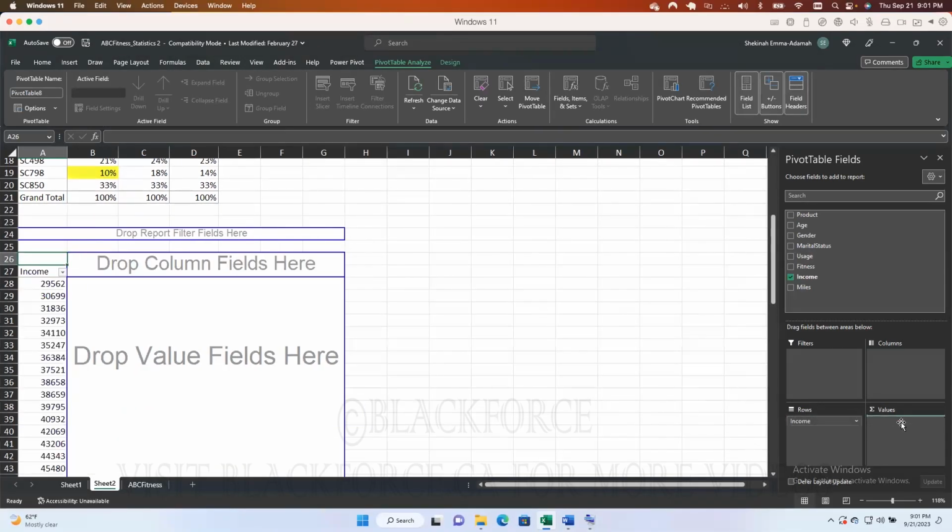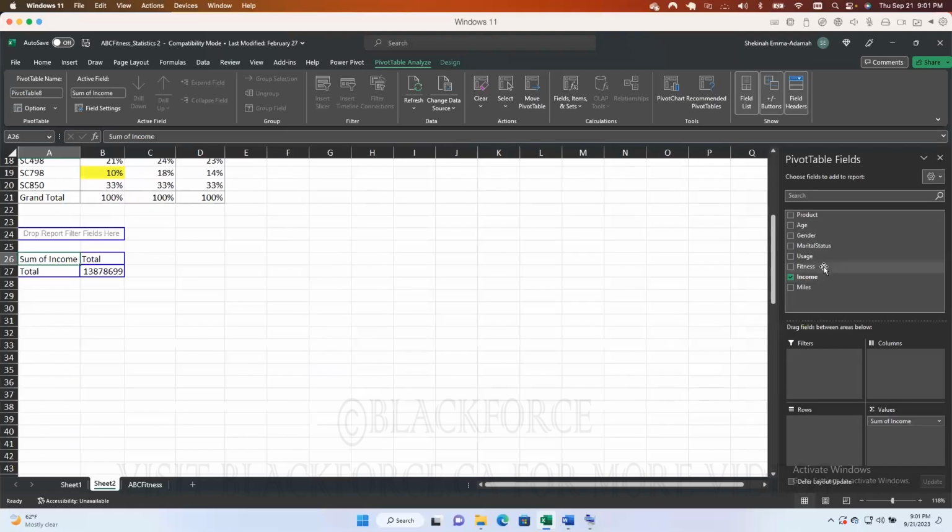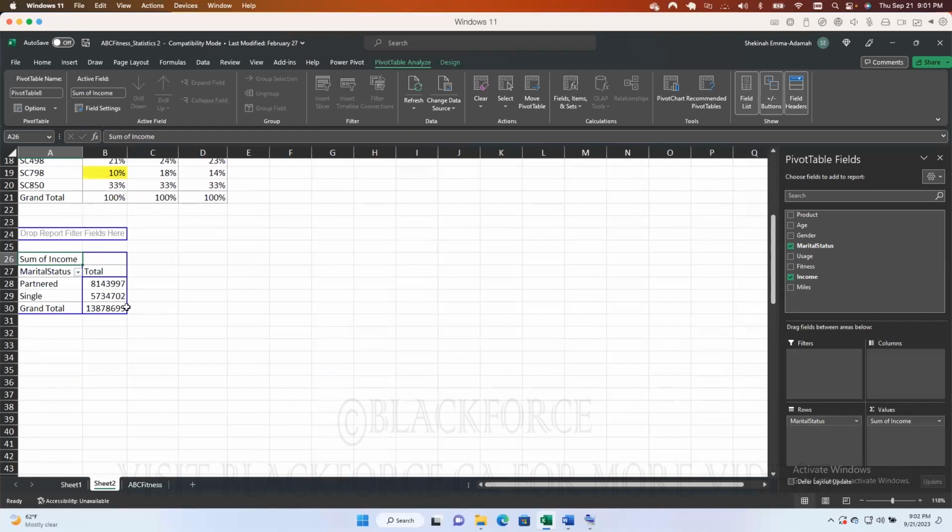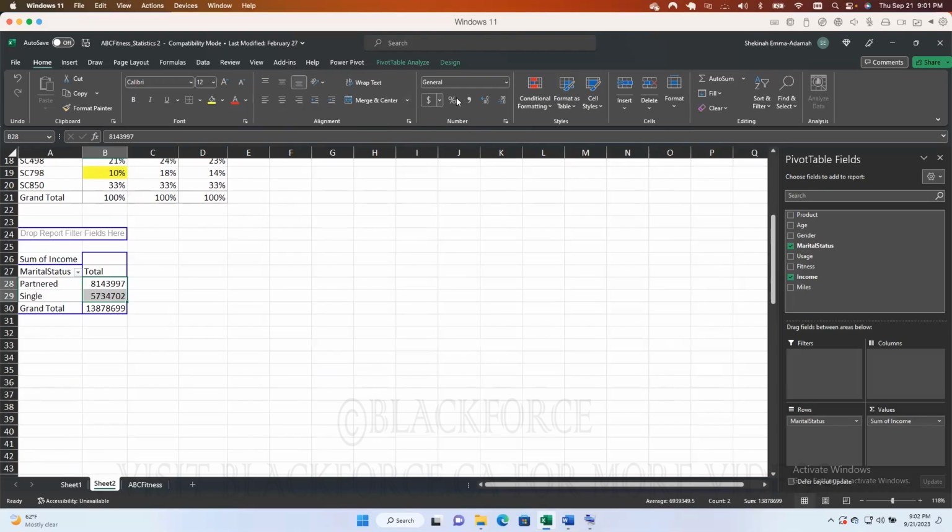No. Income for, so this is the total income, nope. Income by marital status, right? So this is income of single people and married people.